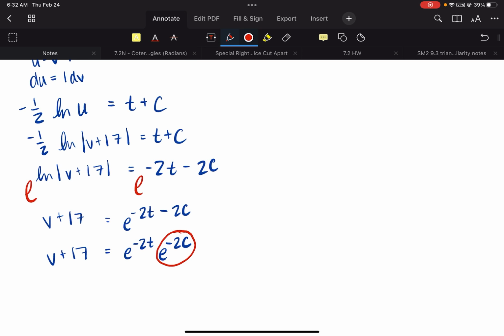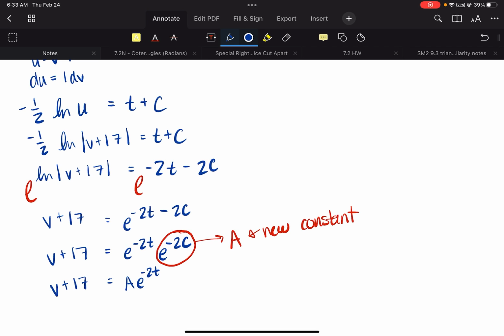We haven't decided what it is, so I'm going to relabel it as a new constant a. Now my expression looks like v plus 17 is equal to a e to the -2t.